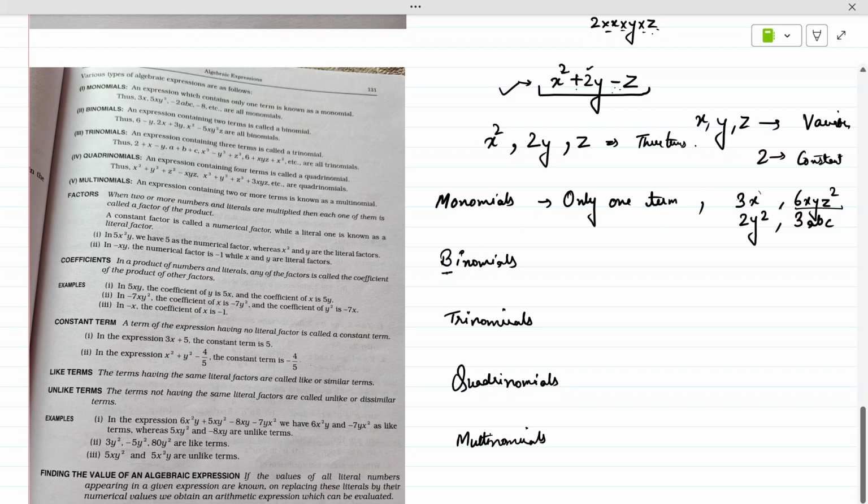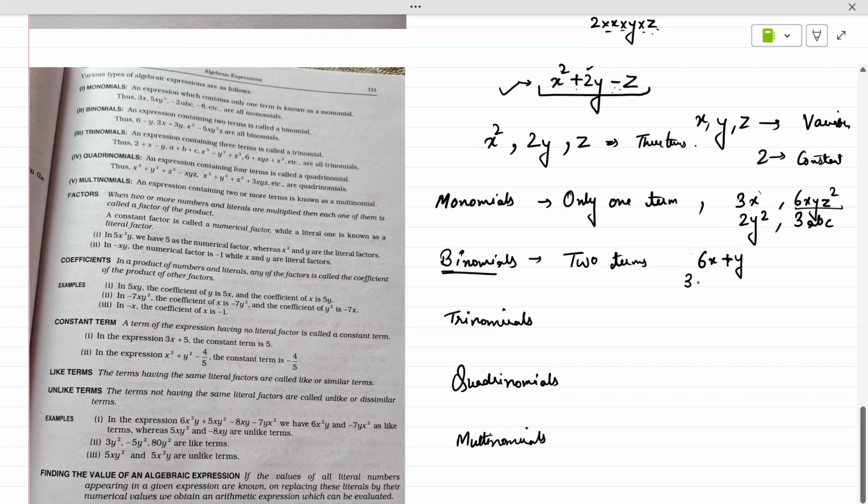Now coming to binomial, as the name says, bi, it has two terms. So this algebraic expression contains two terms. For example, I'm taking 6x plus y. This is one term, 6x. This is another term, y, and they are separated by an addition operator.